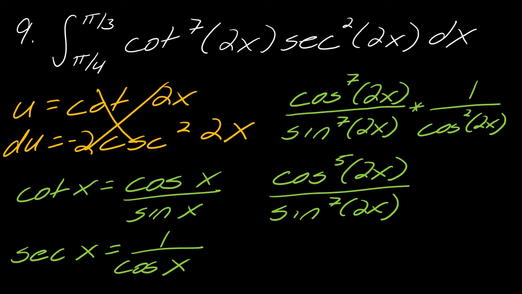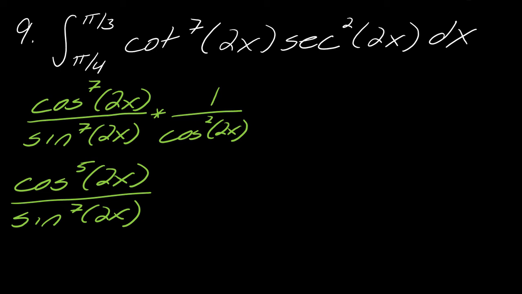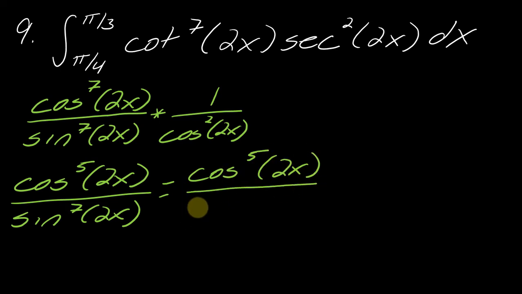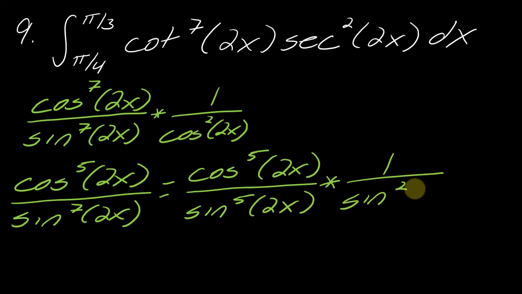So let's see, I think I'm running out of space here, so let me clear a little space. Okay, so I can rewrite this as cosine to the 5th of 2x over sine to the 5th of 2x times 1 over sine squared of 2x.